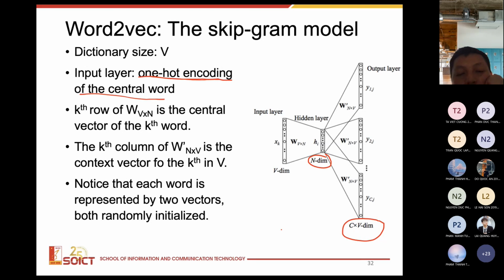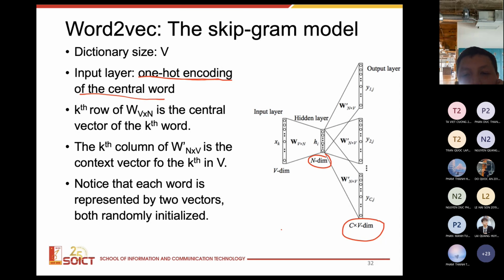Okay, so let's go back to the connection from the input layer to the hidden layer first. The parameter for that connection is a matrix W with the size of V by n. The k-th row of W is the center vector for the k-th word, right?